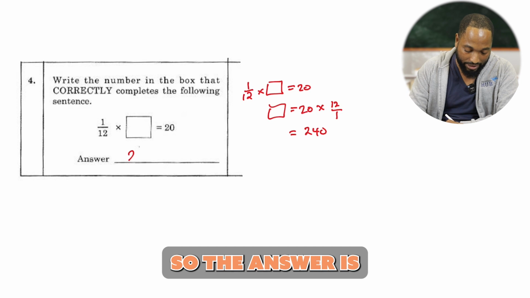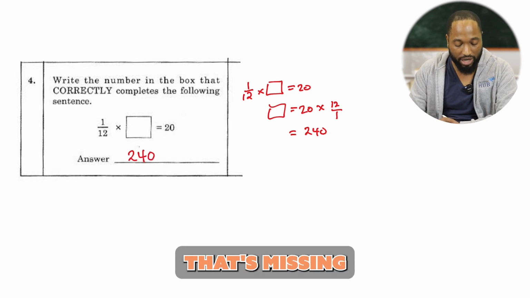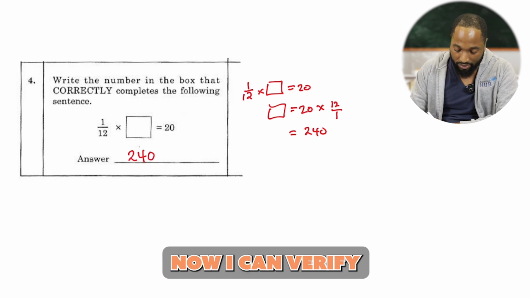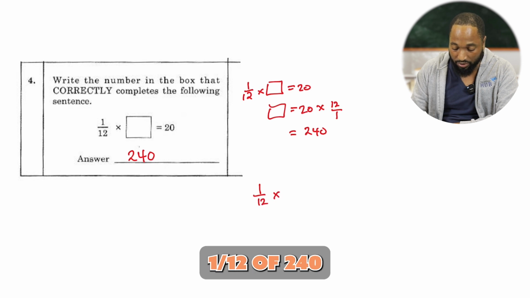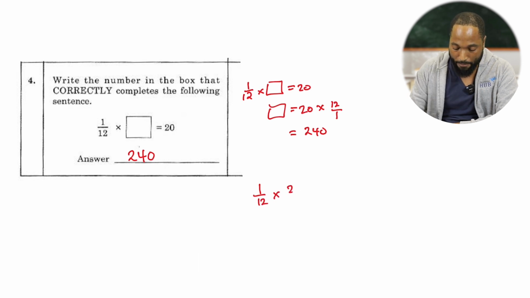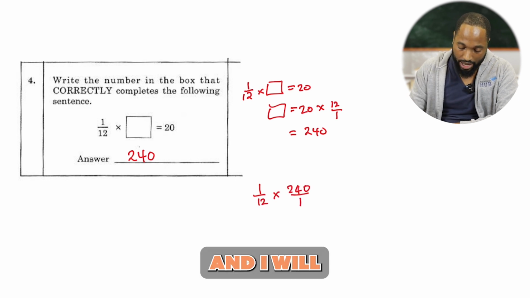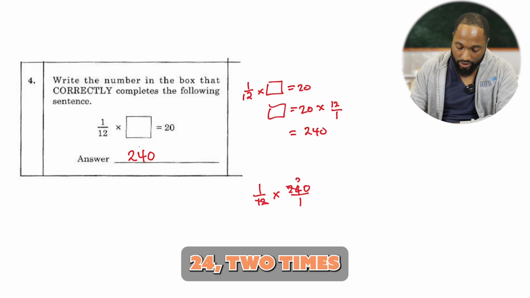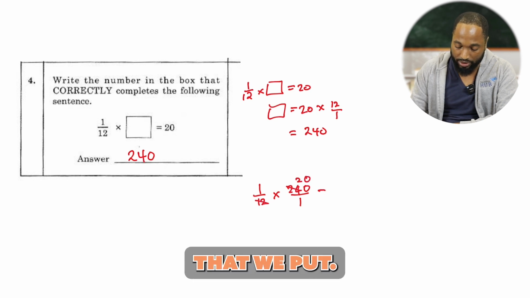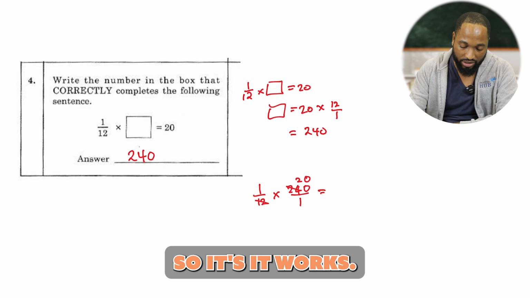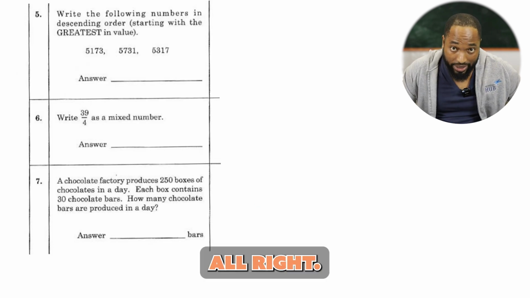So the answer is 240, the number that's missing in the box. Now I can verify that by doing 1/12 of 240. 12 can go into 24 2 times. There's the 0 that we put, so it works. It really does.